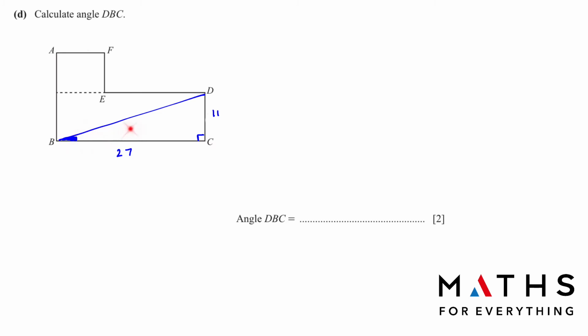You want to find this angle. The opposite is given to you, so write down opposite. And the side next to this angle is given to you, the adjacent. So if opposite and adjacent are given and you want to find the angle, we are going to use tan.